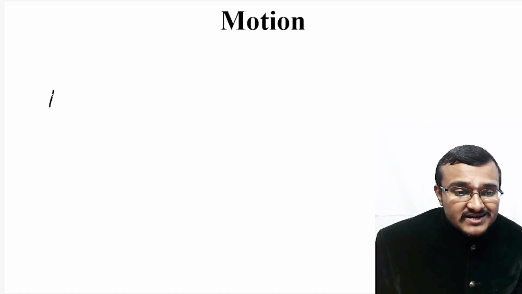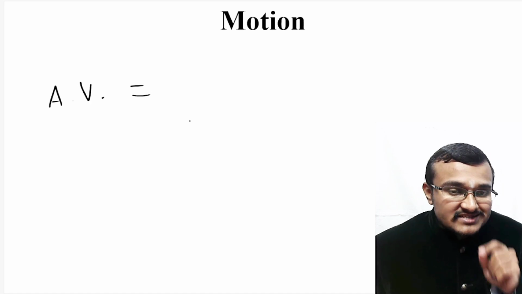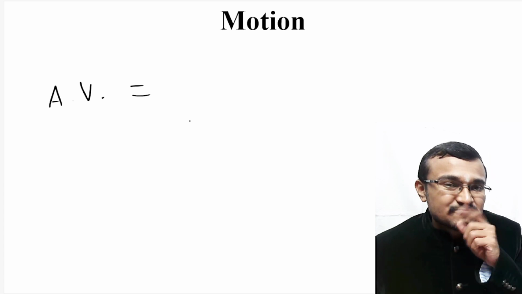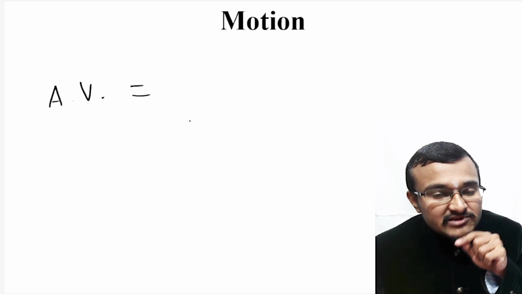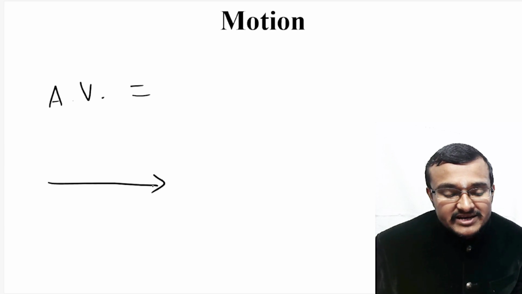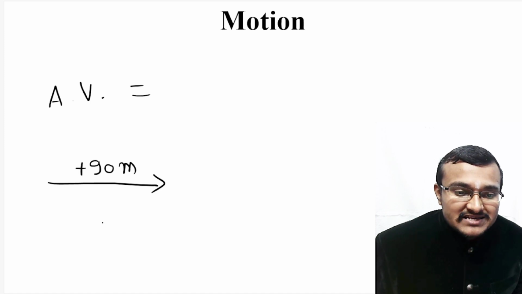But now if you consider the average velocity of this girl, whenever you consider velocity, displacement comes into the picture. When displacement comes into the picture, direction also comes into the picture. So for the initial 90 meter, she is moving in the forward direction, so it will be plus 90 meter.